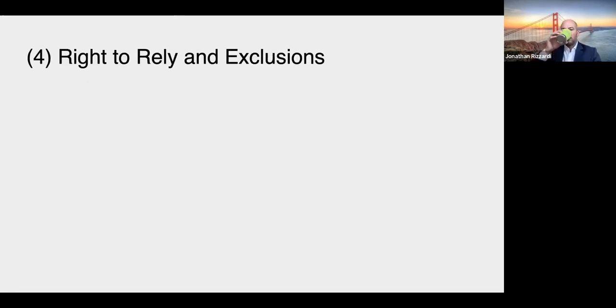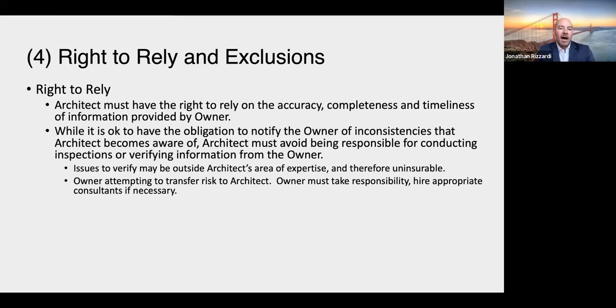So, right to rely and exclusions. Right to rely is, I think of this as, the architect has to have some core information from the owner that he can rely on and use. It can't all be the stuff that you often get from owners that can be very wishy-washy. What owners sometimes do is put it back on the architect to verify that owner-supplied information.